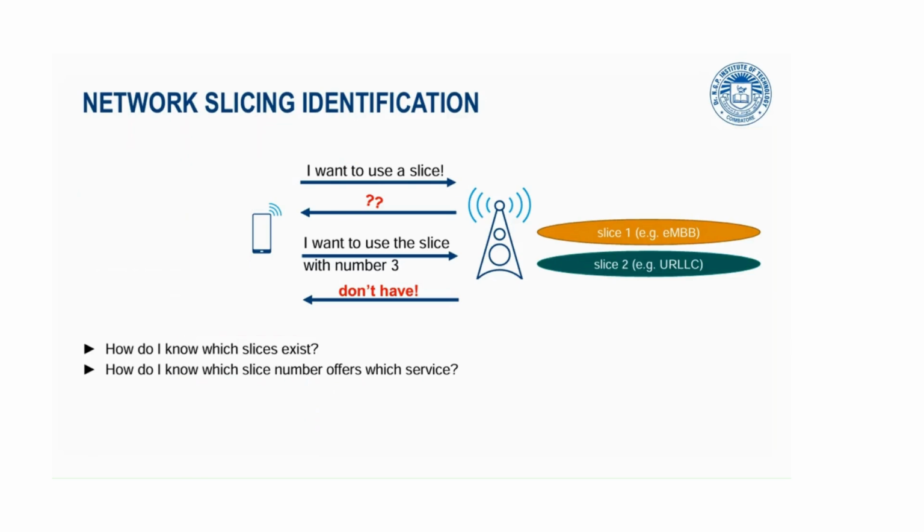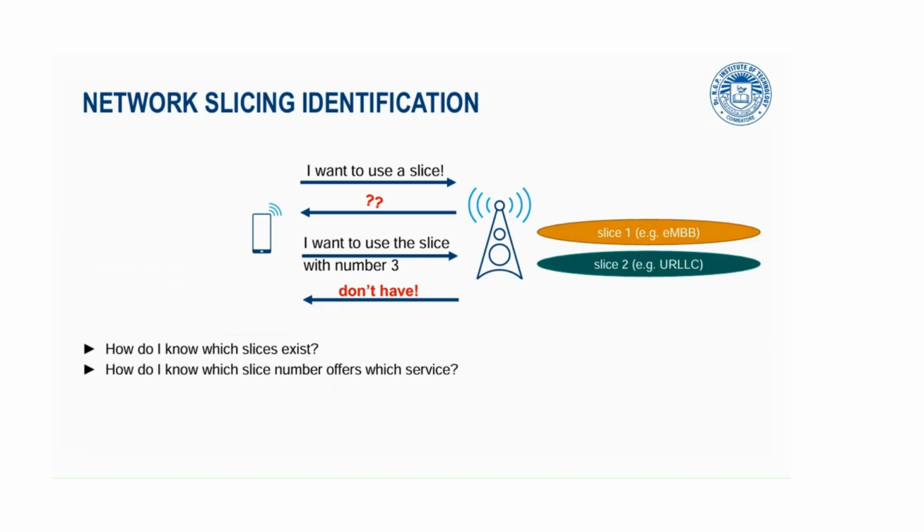So now let's go in depth on how a network slice is identified. We have to choose a network slice for specific services so that the selection of the network slice makes the network more efficient. The challenges of identifying network slices in 5G are very high.